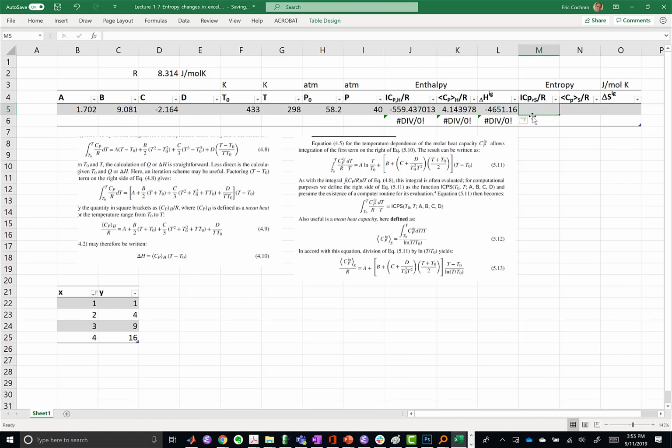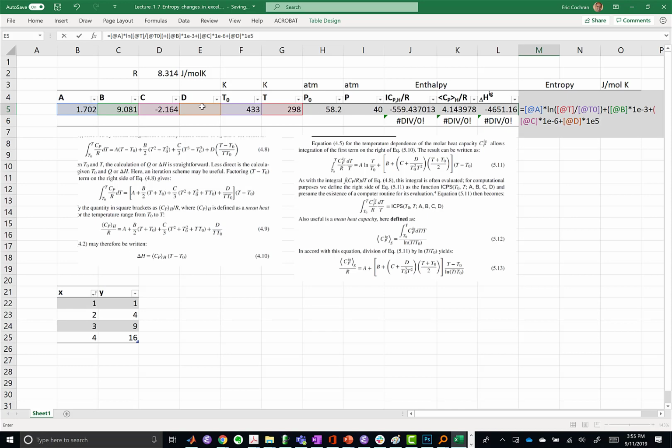For entropy, we'll start off with a full integral. So that's equation 511. So that is going to be A times the natural logarithm of the temperature ratio plus B, remember the 10 to the minus 3, plus C, remember the 10 to the minus 6, plus D, remember the factor of 100,000.